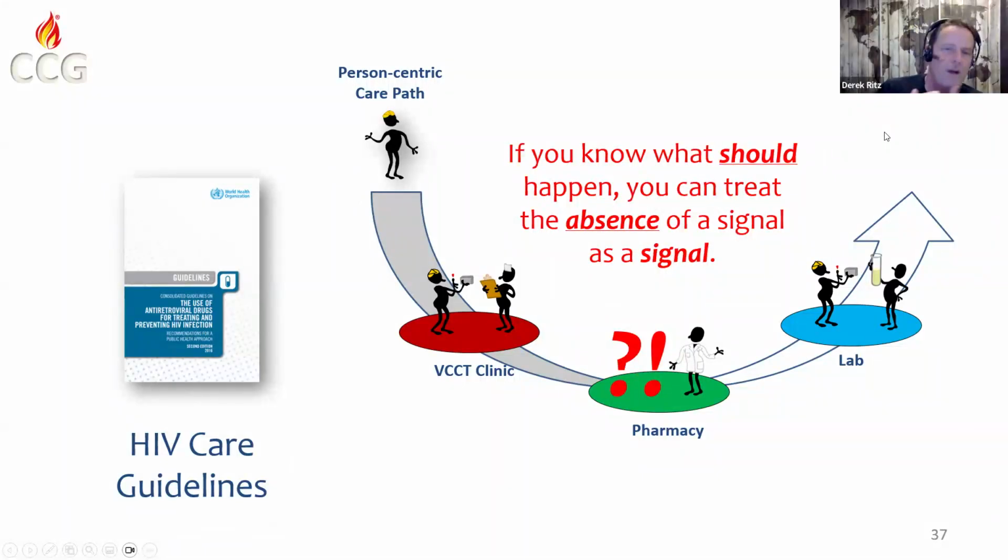Now, one of the very powerful things about a computable care guideline is if you know what should happen, you can treat the absence of a signal as a signal.